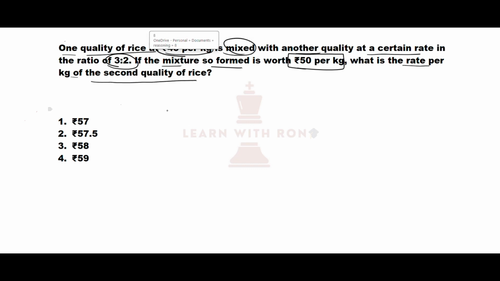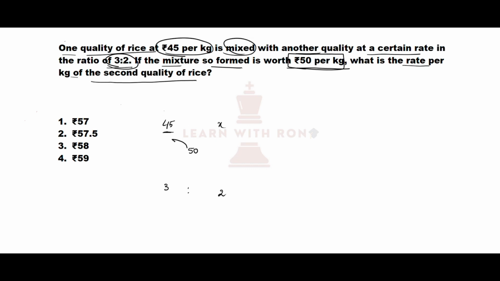See, one quality of rice is 45 rupees and the next quantity we need to find, let it be some x. They are mixed in the ratio 3:2. So the mixture so formed is worth 50 rupees per kg, which means 50 lies somewhere between 45 and x, which means 50 is greater than 45 and less than x.